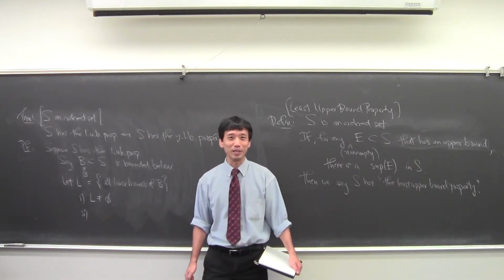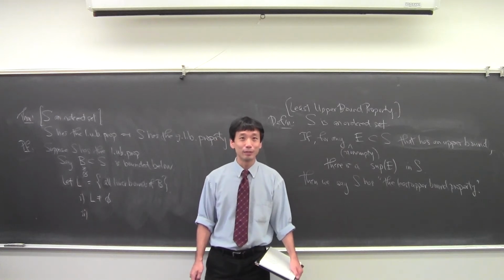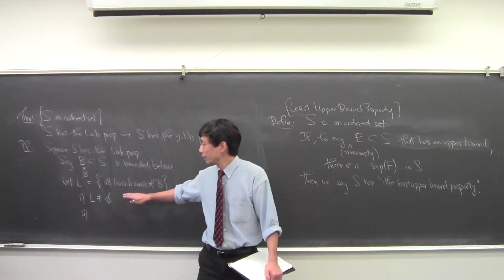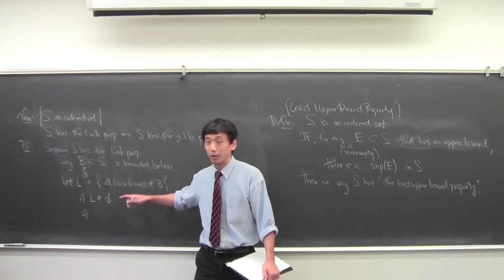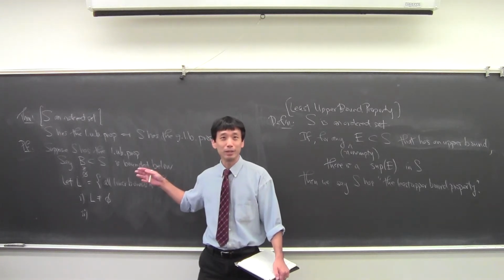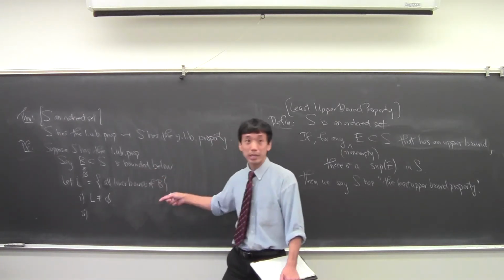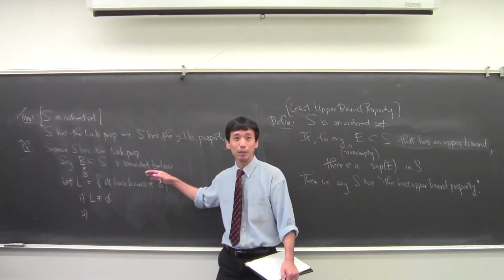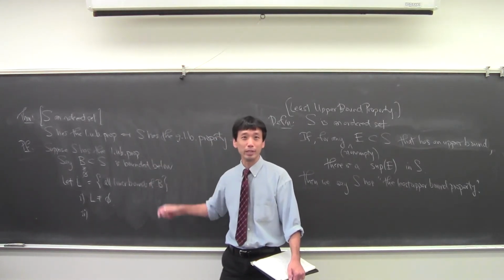Because L is in S, and S has the least upper bound property. No, that doesn't give us that L has an upper bound, right? We need to show that L has an upper bound, and then we can invoke the least upper bound property.